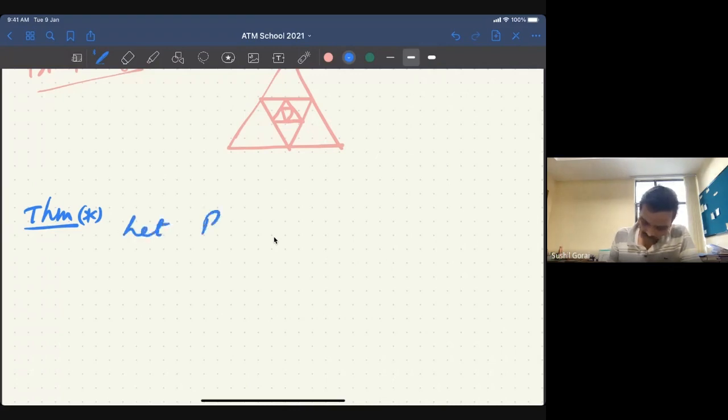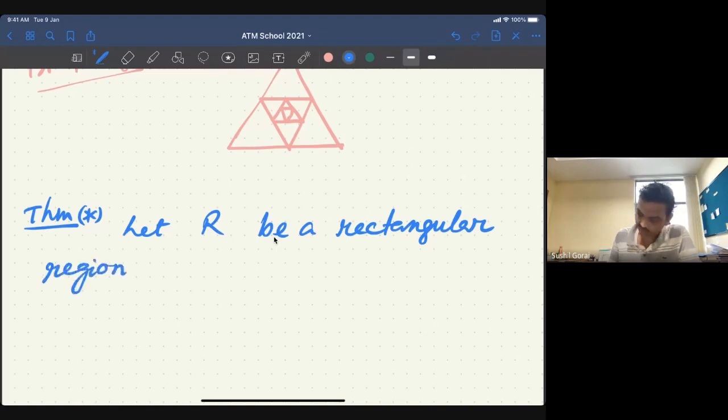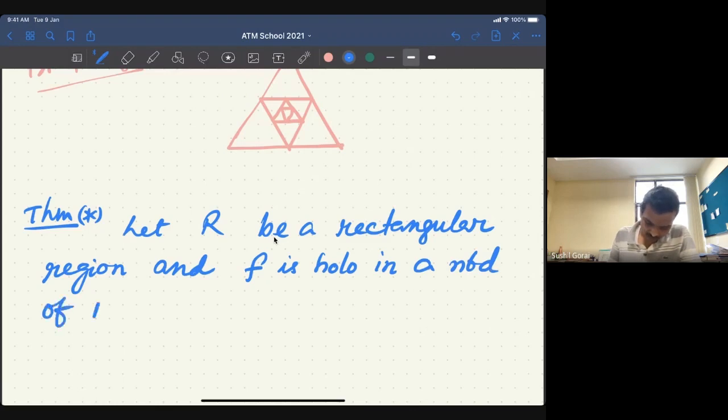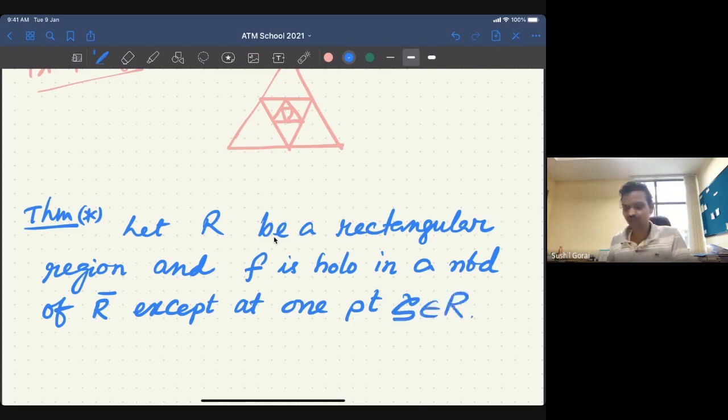Let R be a rectangular region and f is holomorphic in a neighborhood of R closure except at one point, let's say zeta in R. So it's not holomorphic at one point.